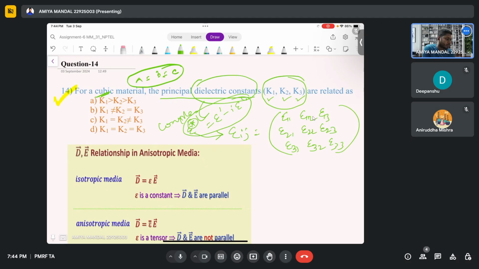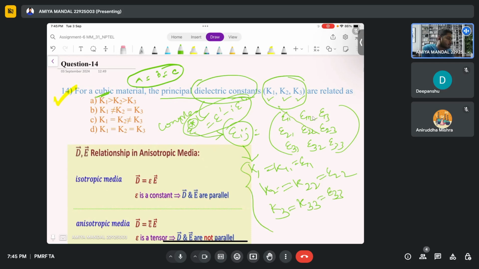Principal means K1 is K11, which is epsilon 11, K2 is K22, which is epsilon 22, K3 is K33, which is epsilon 33.